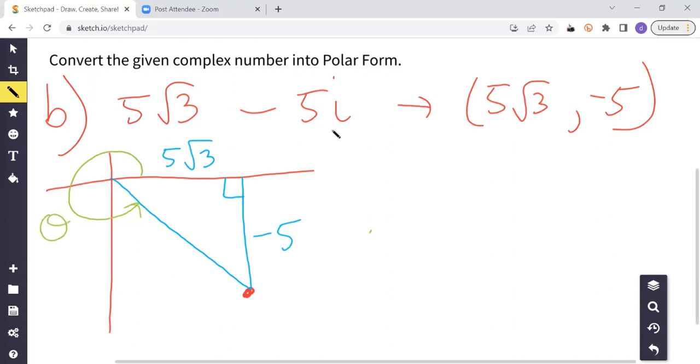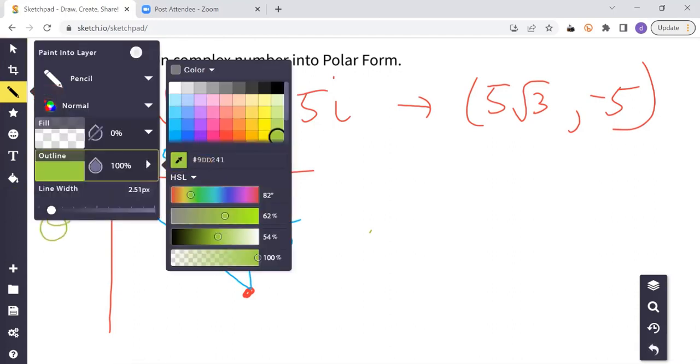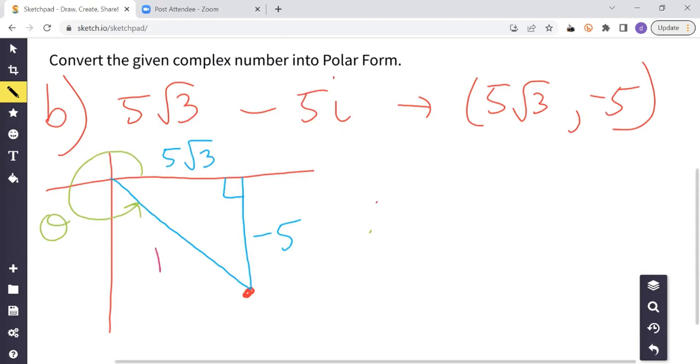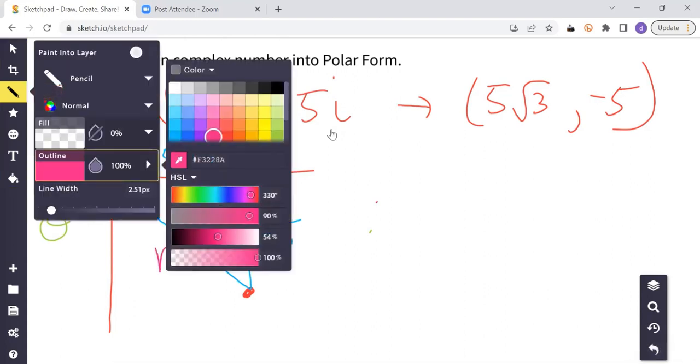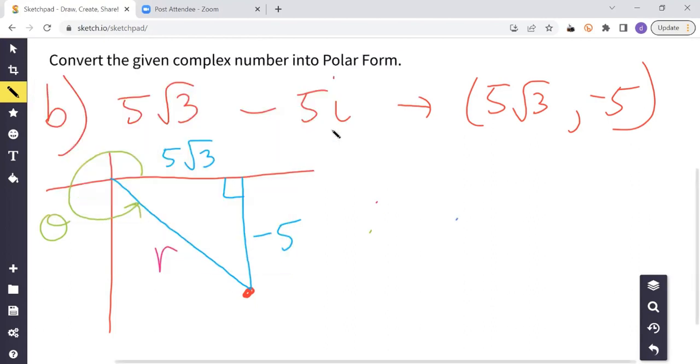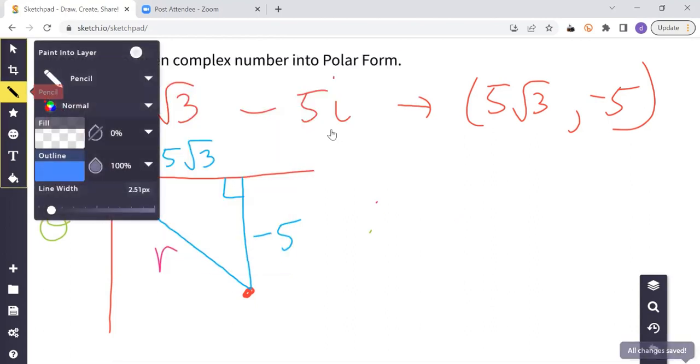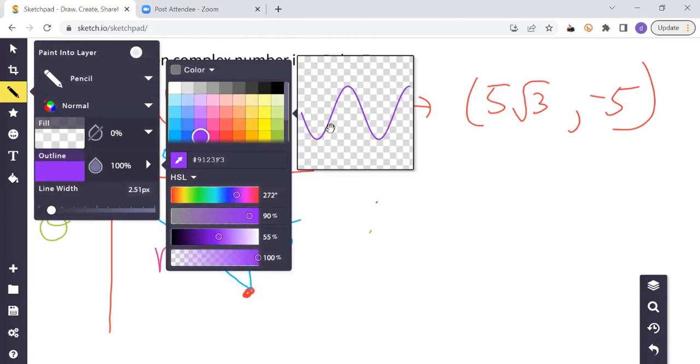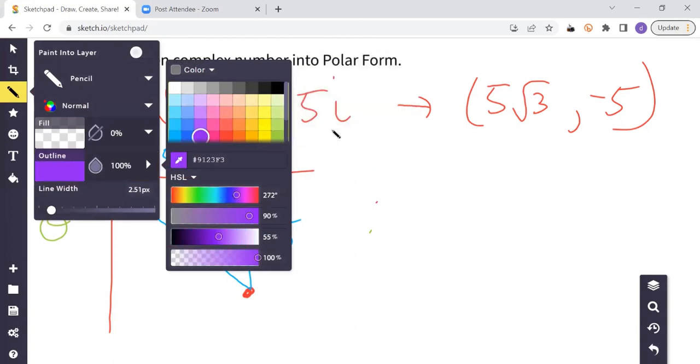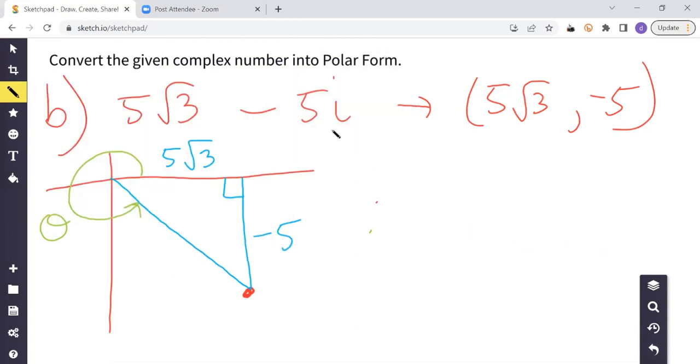That's going to be theta. And we do need a purple or a pink hypotenuse, which is going to be r. And then let's go with a purple alpha.